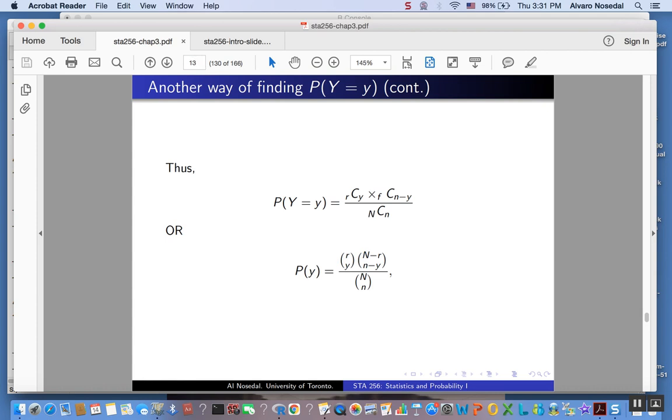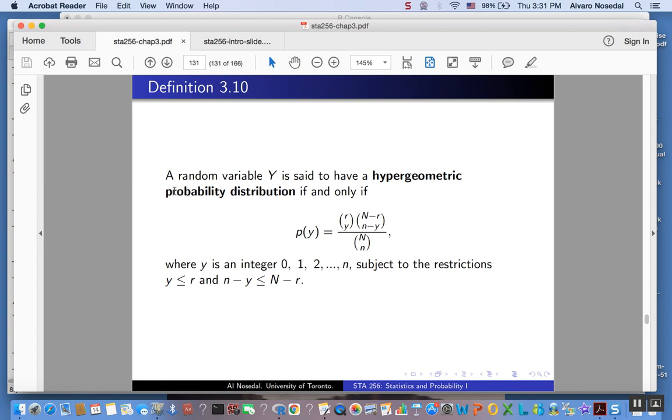So the expression that you will find in your textbook is this. Okay? And we have some restrictions here, right? Note that Y is going to be less than or equal to R, which makes sense. I mean, you can't have more successes in your sample than successes exist in the population.